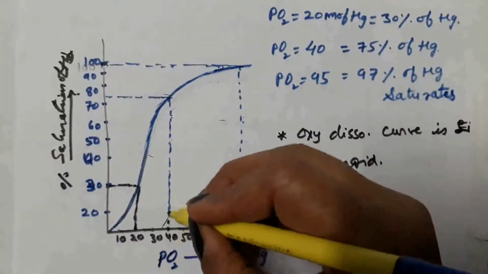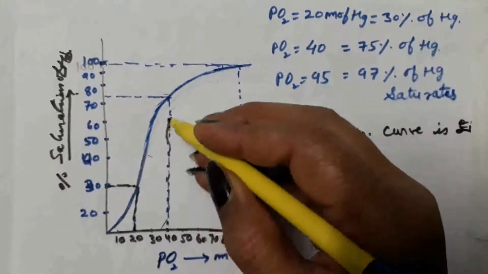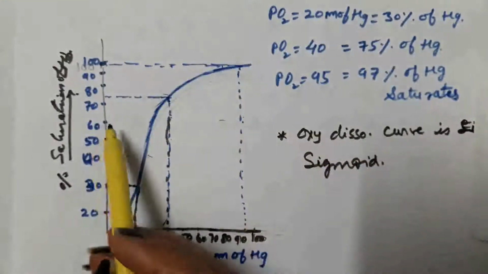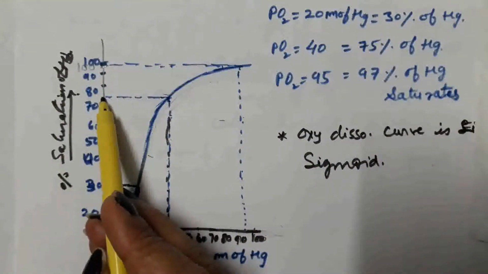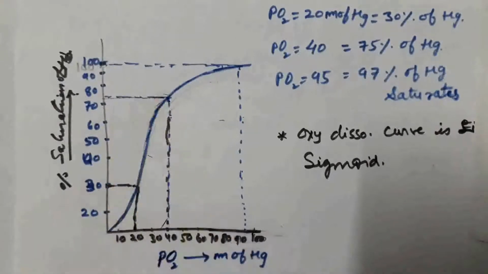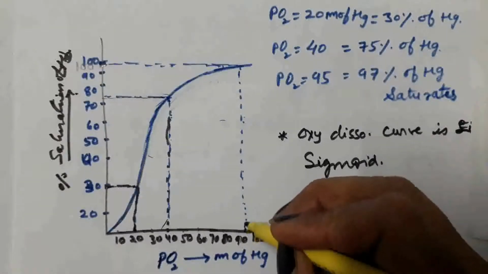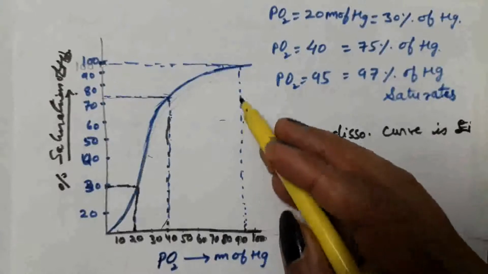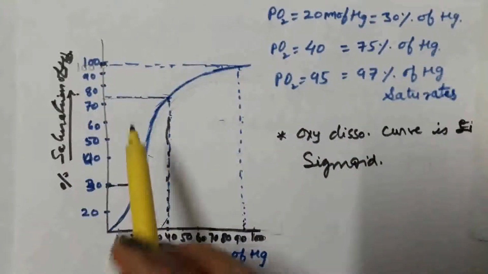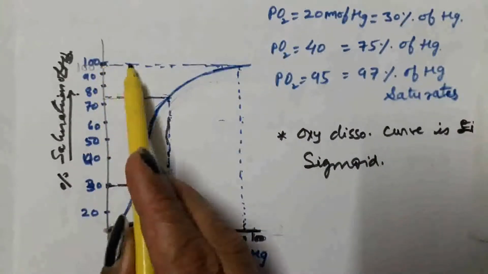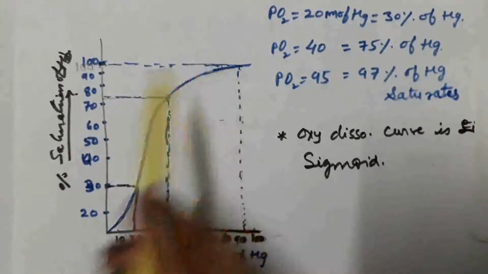At 40 mm of mercury partial pressure of oxygen, about 75% of hemoglobin is saturated, and at a partial pressure of 95 mm of mercury, 97% of hemoglobin is saturated.